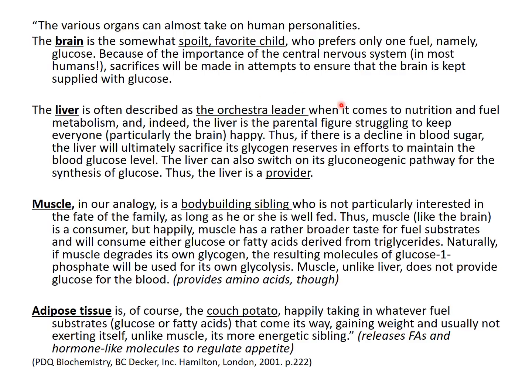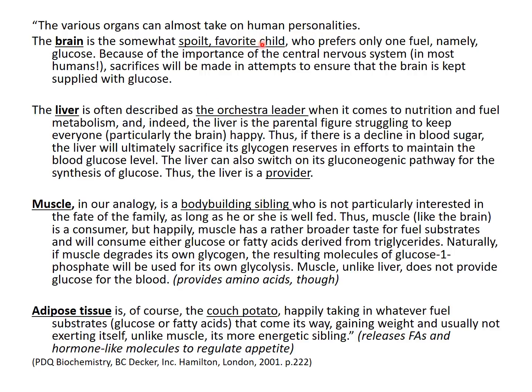This section is out of a very simple book, which is PDQ Biochemistry, pretty darn quick bio. If you have time, just read it. It is kind of funny and it brings home the message of the nature of the different cells related to their metabolism and use of energy carrying molecules.